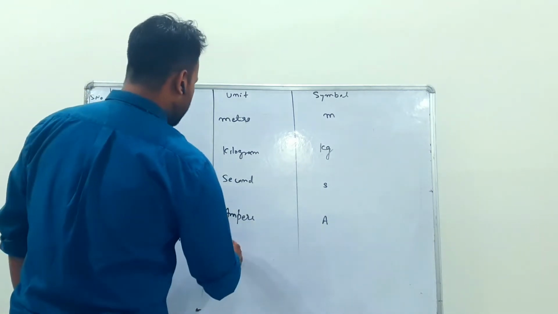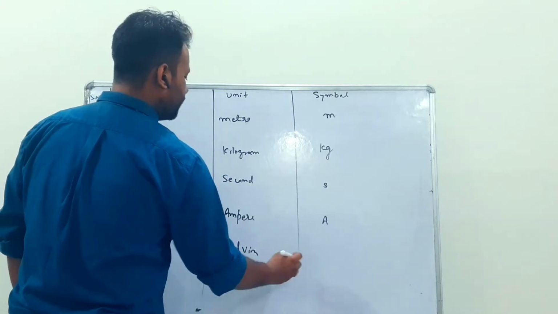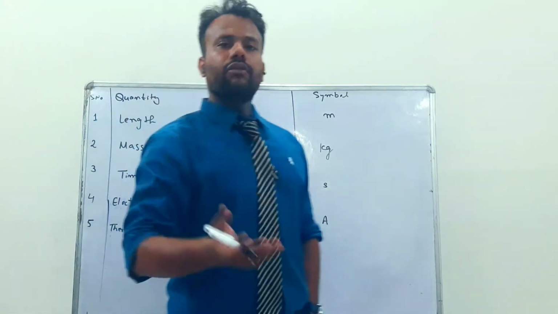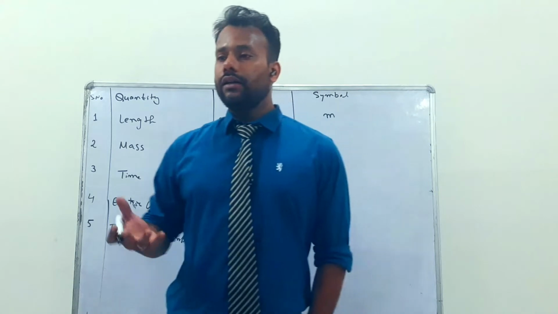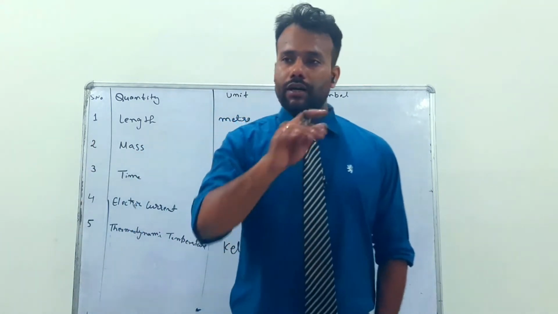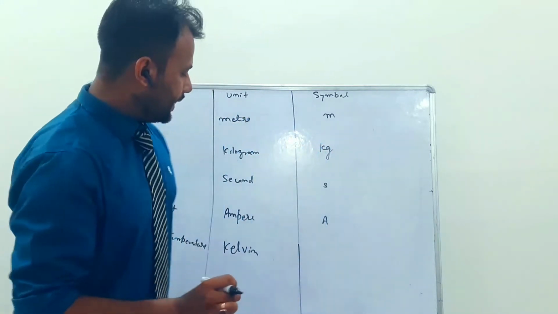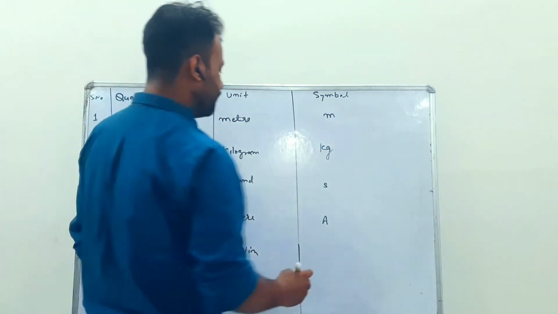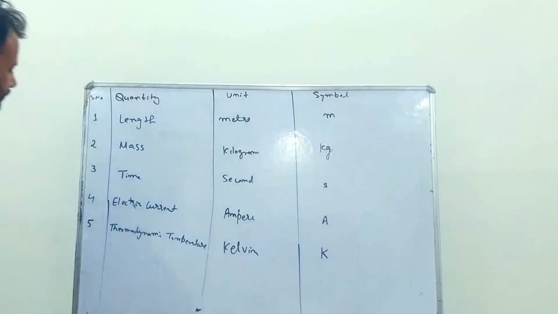The unit of the temperature is Kelvin. You must have heard there are some other units also like degree Celsius and degree Fahrenheit, but out of these units we only use Kelvin as the fundamental unit of temperature. It is symbolized by K.